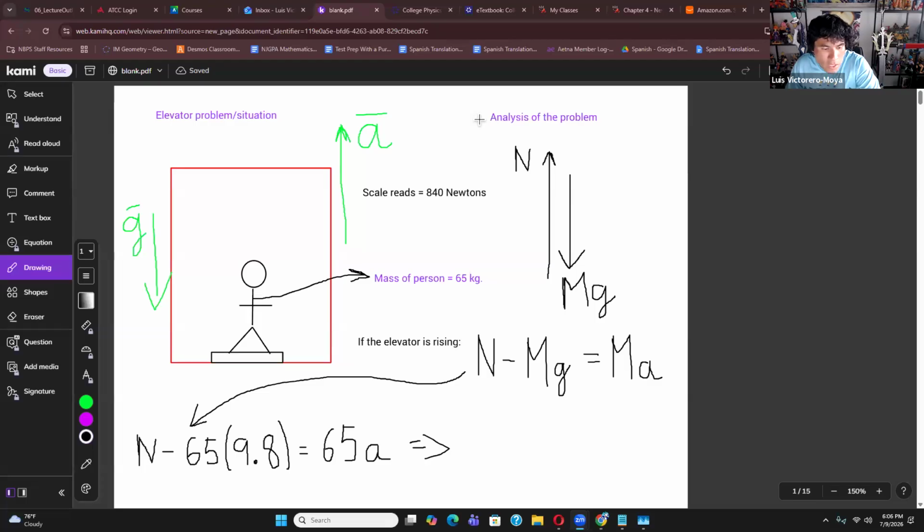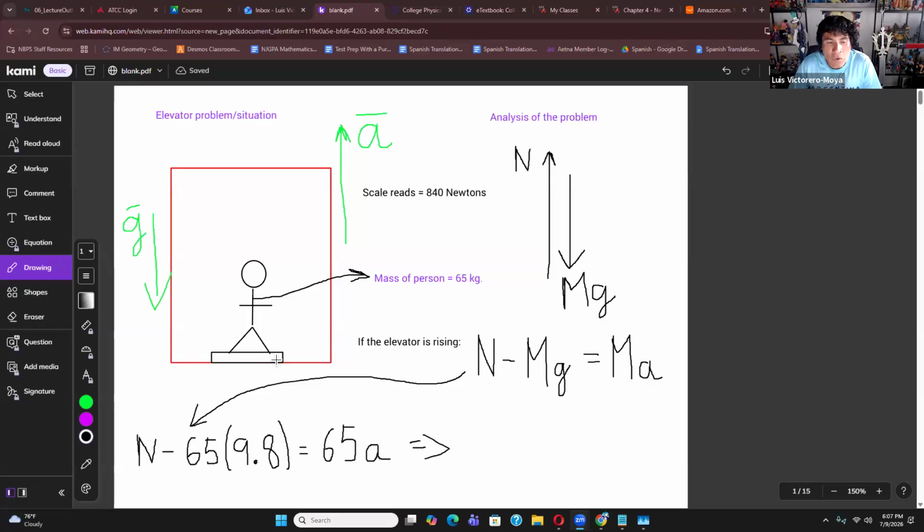So in this situation, you have a person who is standing on a scale. A scale is what we use at home or in the airport to measure the mass of luggage, right? In this case, the scale is reading the amount of force.